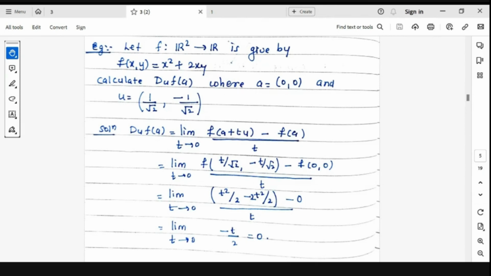Evaluate your function at A plus tu. Your function is x square plus 2xy. Substitute the values and then you will have the answer. It is 2 times minus t by root 2 comma t by root 2, and you simplify, you should get the answer.